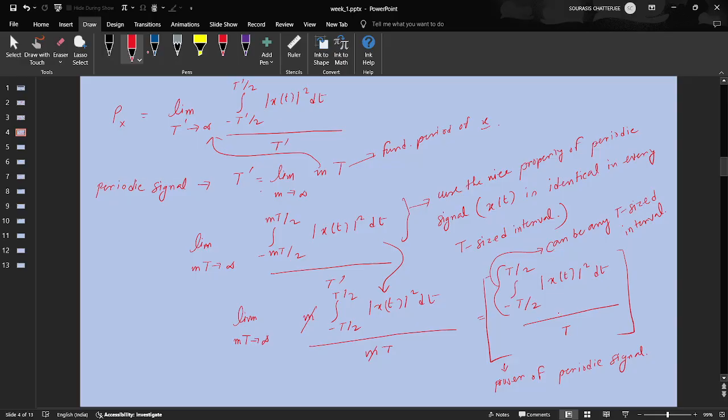You need to compute the integral only over a period, and normalize that with the fundamental period. You will obtain the power of the periodic signal. I emphasize the periodic signal here because in the next few problems, and throughout the course, we are going to encounter periodic signals again and again, so it's a good point to introduce the benefits we get from periodic signals.